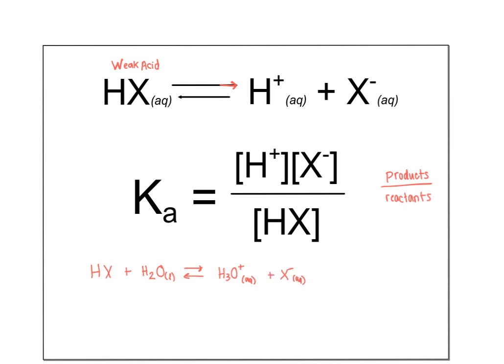And in that case, when we write our K expression, products H3O plus, X minus, over, remember, no lurking liquids in our K expression, so just HX. And so you can see when we assume that H plus is the same as H3O plus, that these expressions are essentially the same.